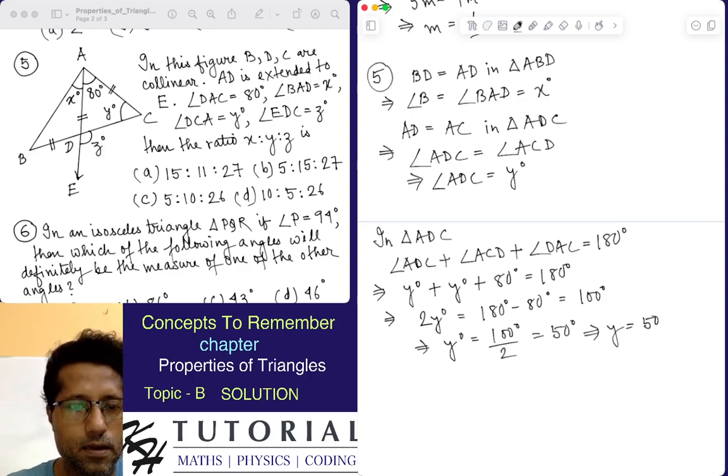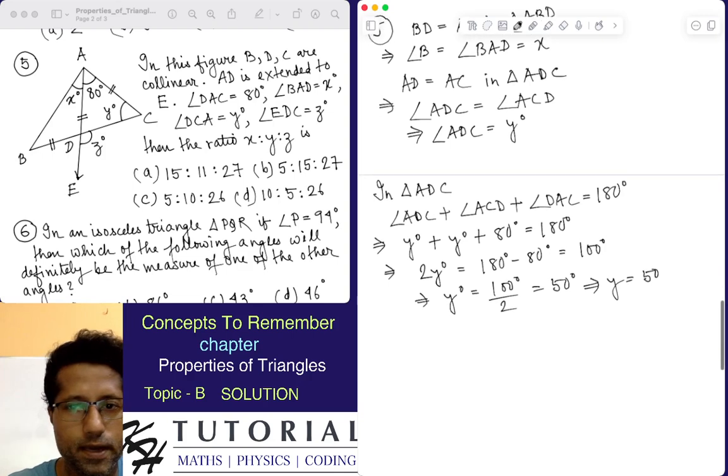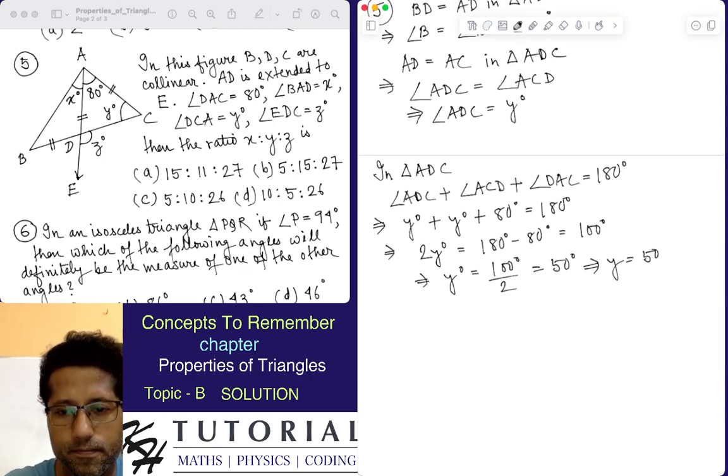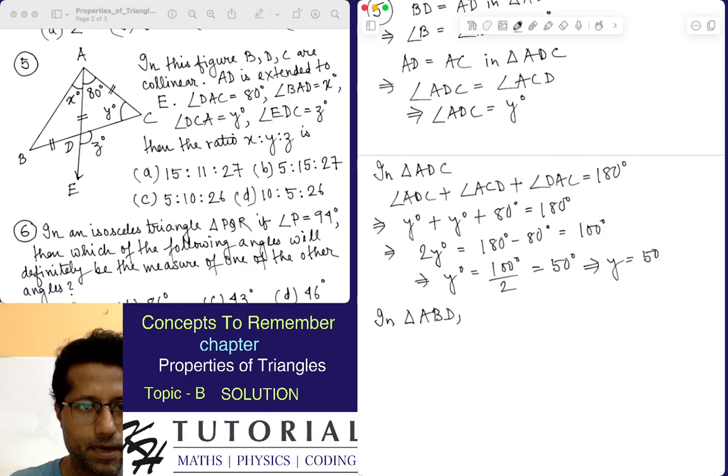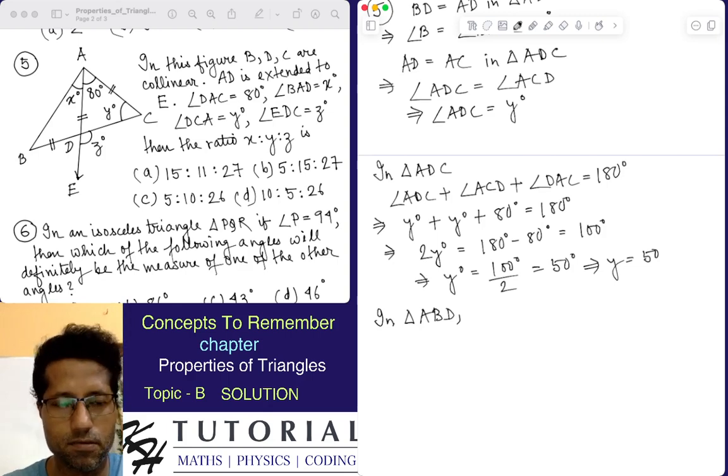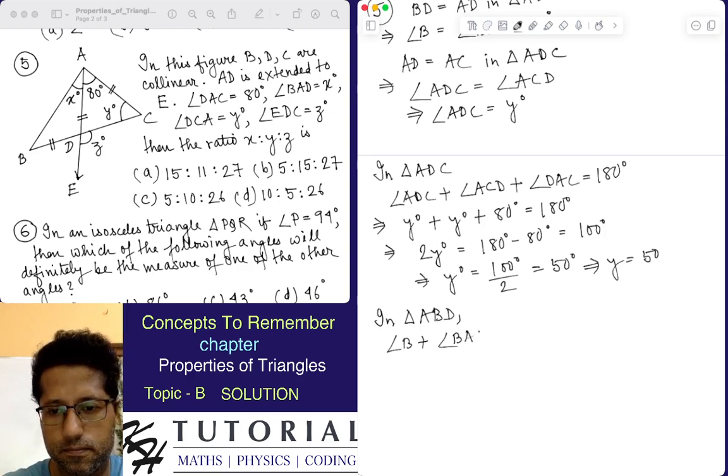Now let's see what we can find from triangle ABD. In triangle ABD, we will also apply the sum of the angles. The sum of the angles is equal to 180 degree. So we will have angle B plus angle BAD plus angle BDA is equal to 180 degree.